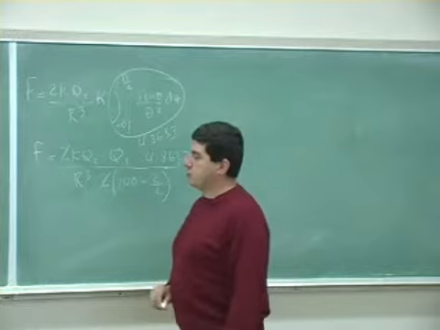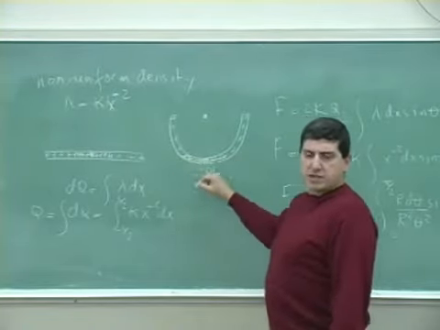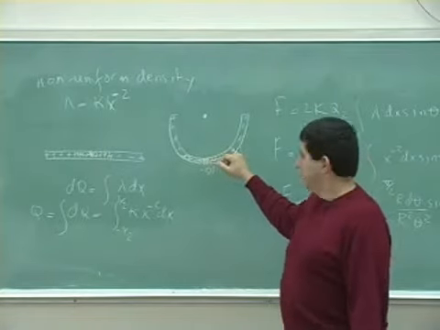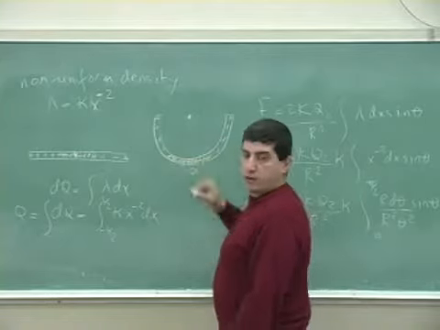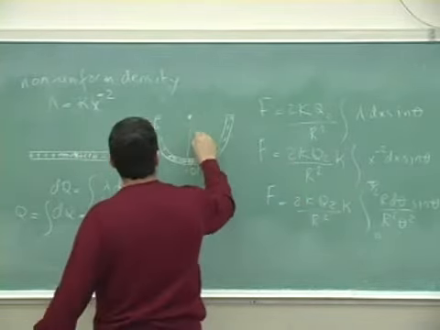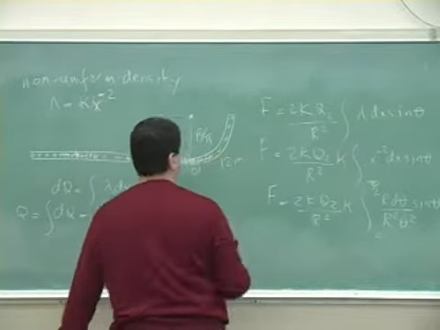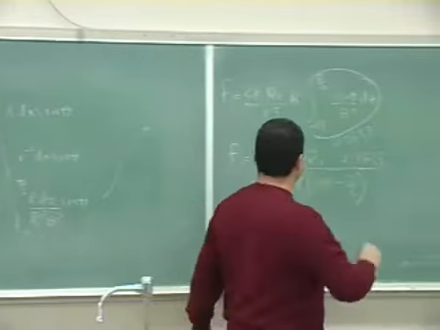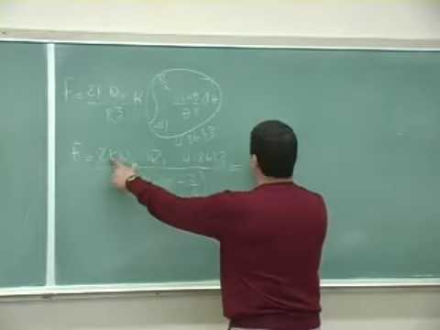So what are we going to do now? We're going to use the length of the rod is 12 meters, right? So we use 12 meters, and the radius is 12 over pi. So 9 times 10 to the 9th.